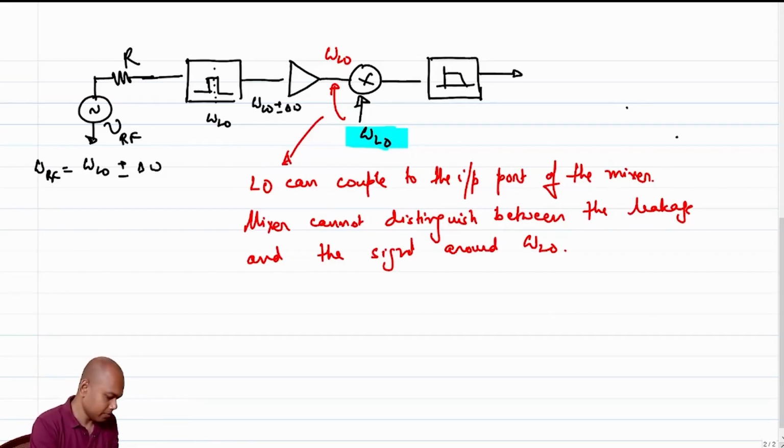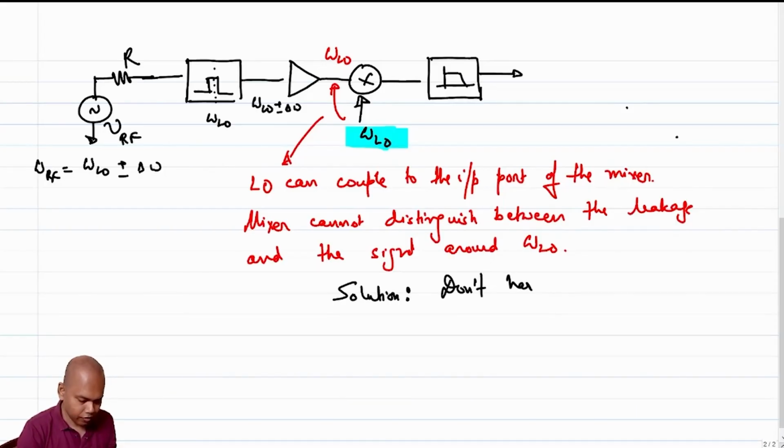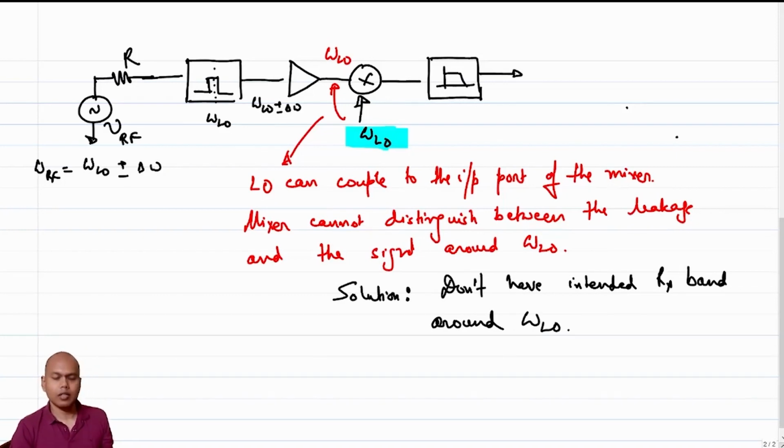What is the solution? Don't have the intended omega RF around omega LO. You are going to have signals at the antenna, whether you like it or not. You should not have the intended receiver band around omega LO, right?